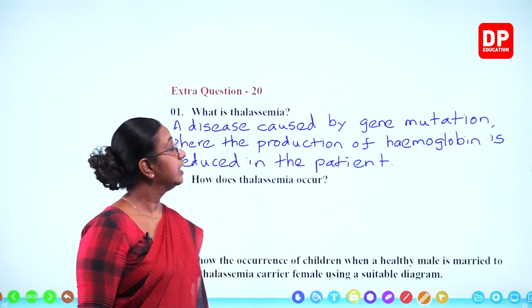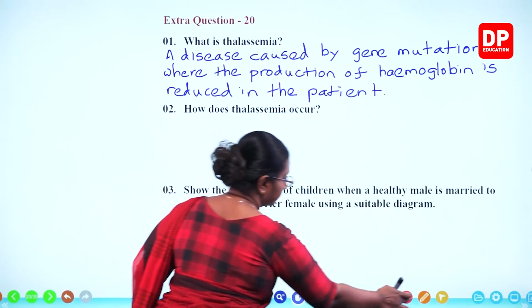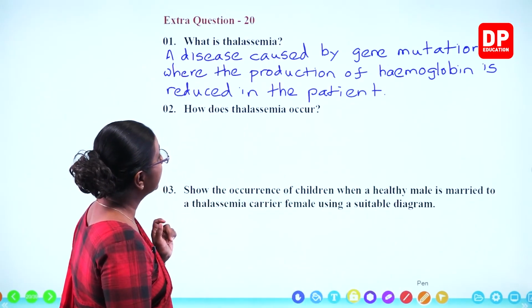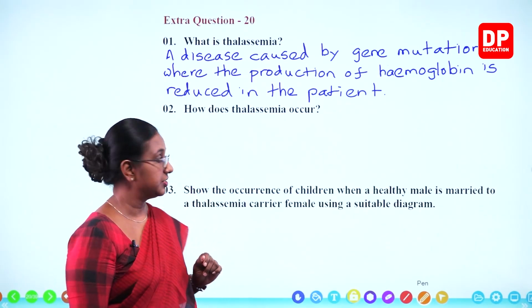So that is thalassemia. A disease caused by gene mutation where the production of hemoglobin is reduced in the patient.